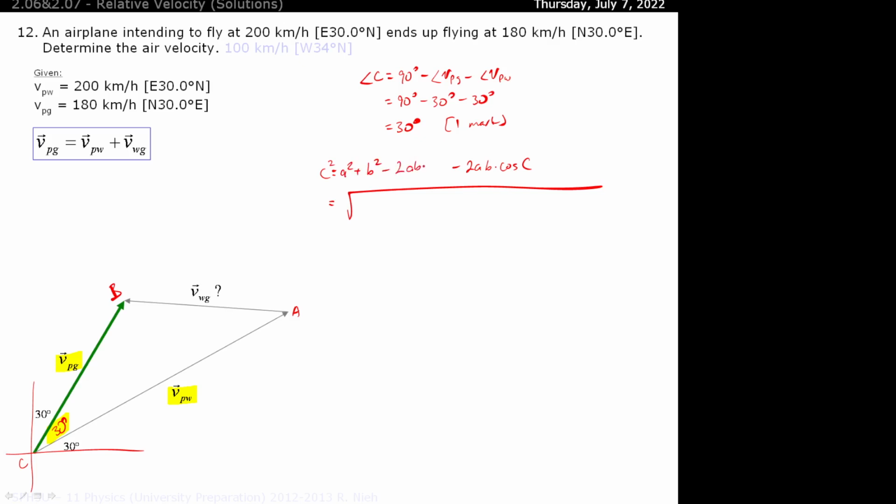Minus 2ab times cosine of c. And that's equal to a squared, which is VPG, which is 180 kilometers per hour, squared, plus 200 kilometers per hour squared minus 2 times 180 times 200 times the cosine of c, which is 30 degrees.